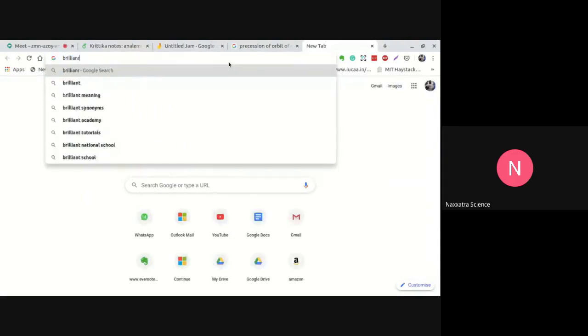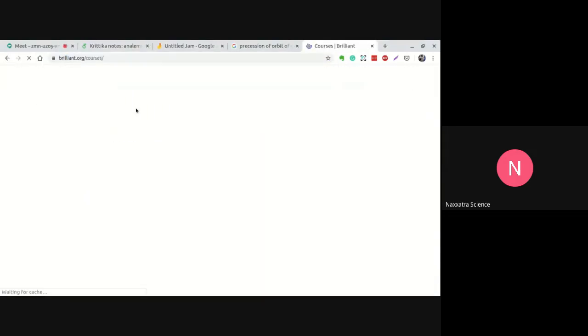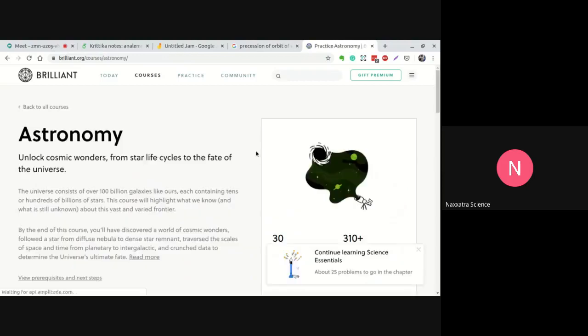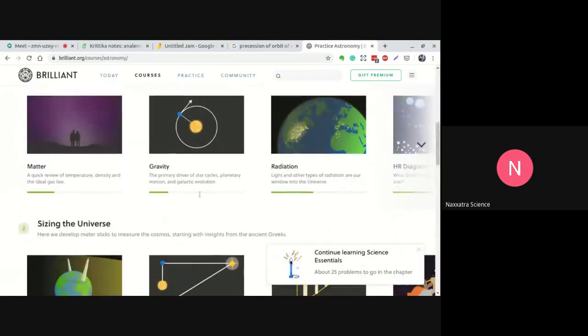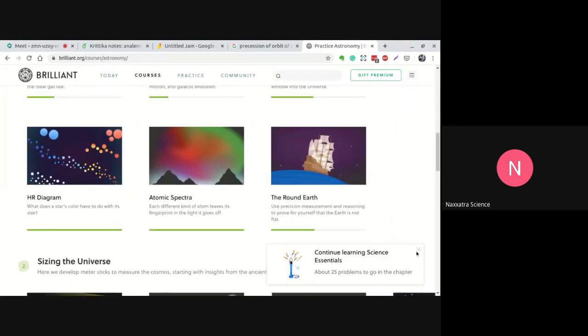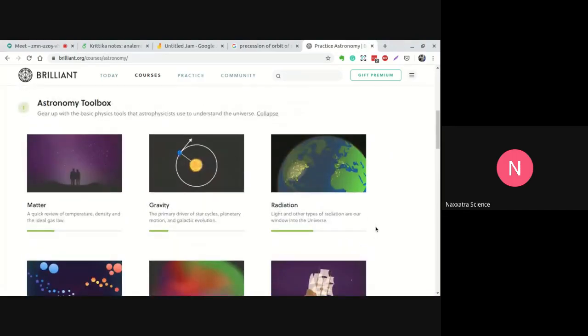I'll just give you an overview of what chapters we need to cover now, since we're going to be starting the Brilliant lectures. I think some of you, like Shalini, have been to some of our Brilliant lectures, which is a great way to problem solve. The prerequisite for this is just mathematics.